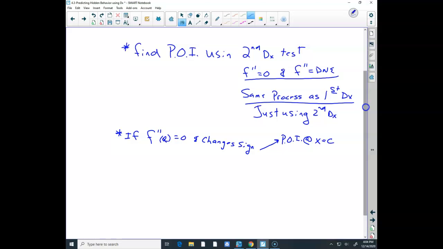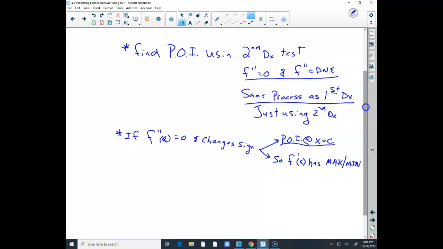Also look down the road. We investigated this early: at a point of inflection, f prime of x has a max or a min at that point.